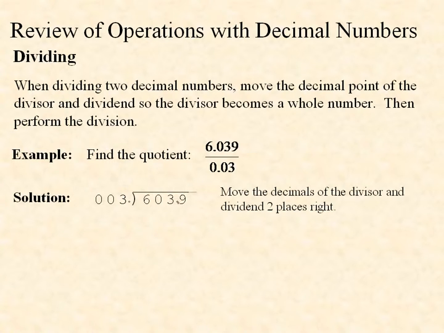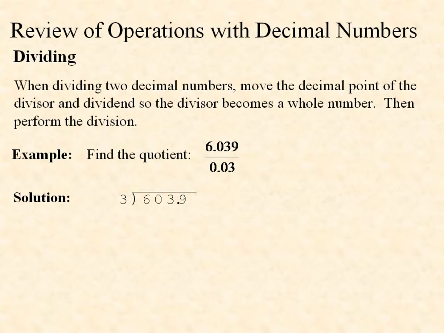Then the divisor becomes the whole number 3, and you can perform the division. Notice that the decimal point for the answer lines up with the decimal point of the dividend.